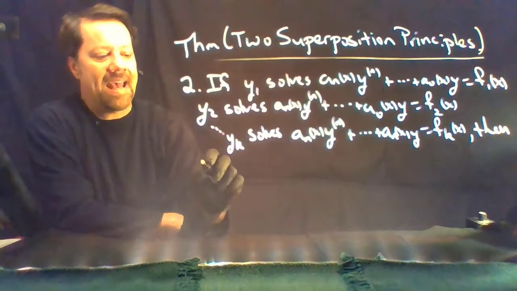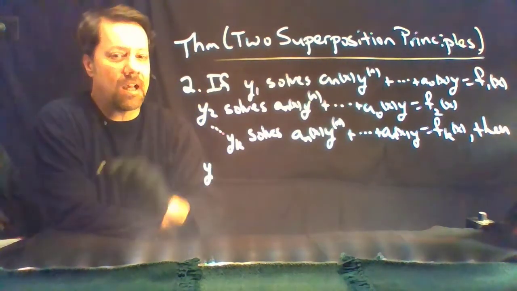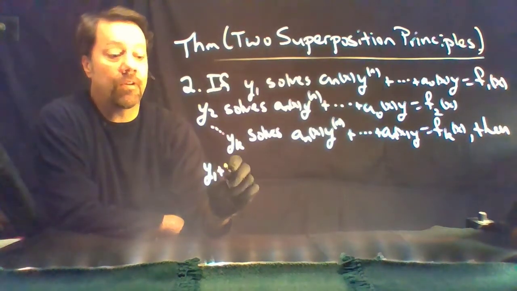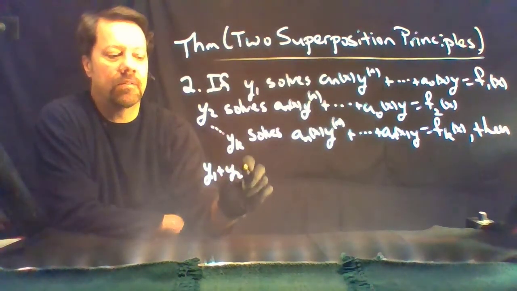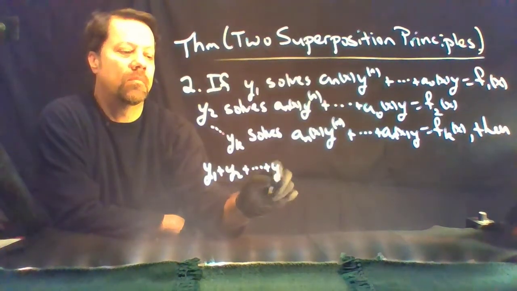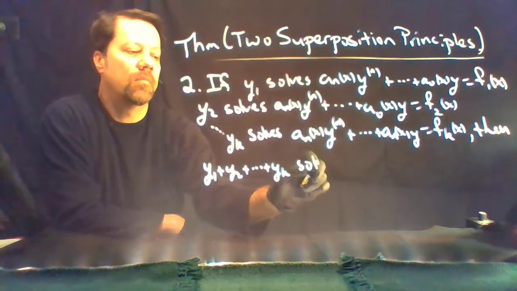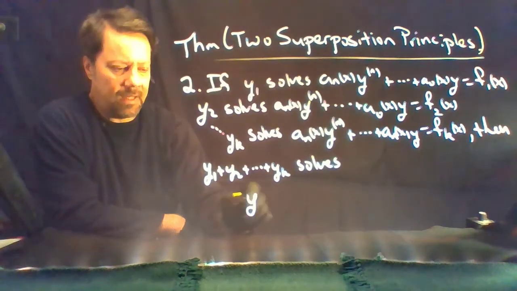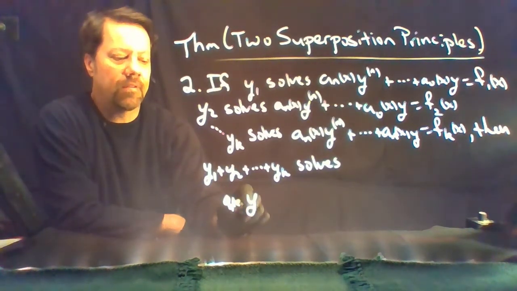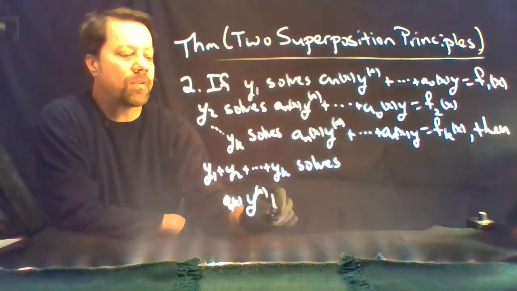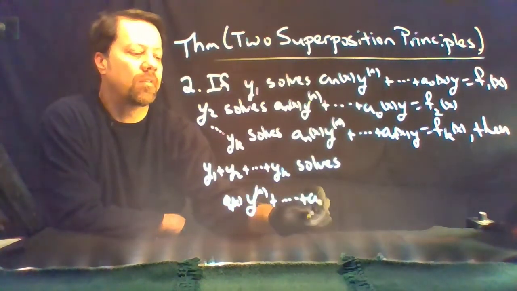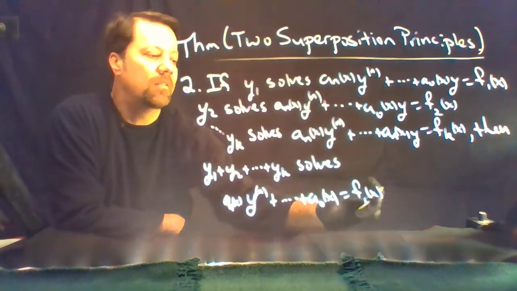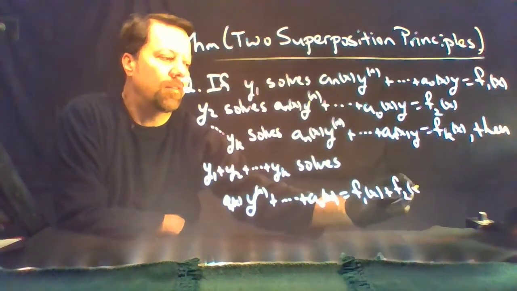Then, if you add these functions together, not as an arbitrary linear combination, but one where the coefficients are 1, this solves the equation with forcing function equal to the sum of the forcing functions.